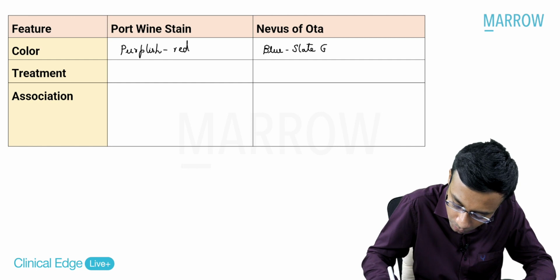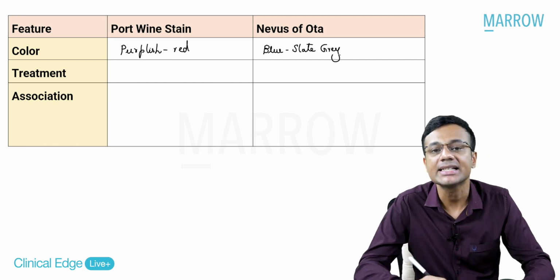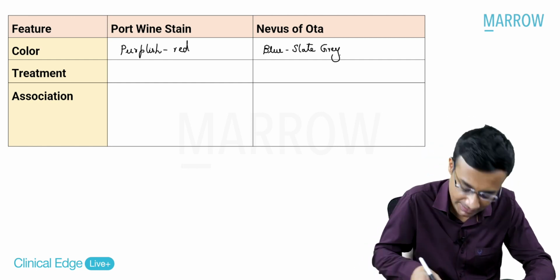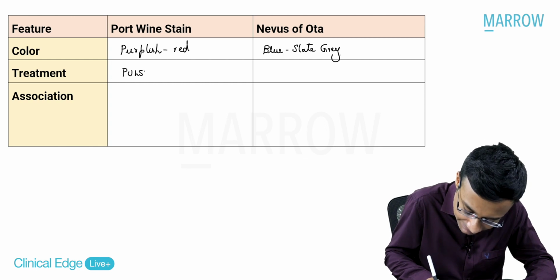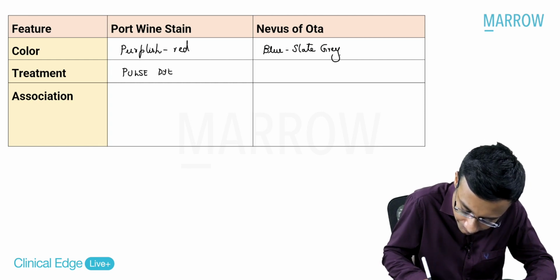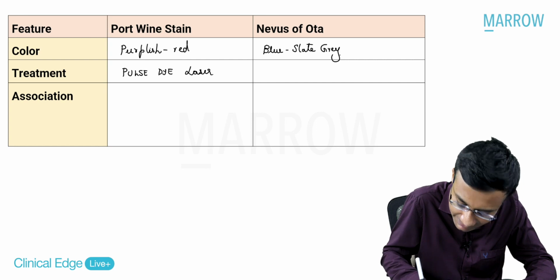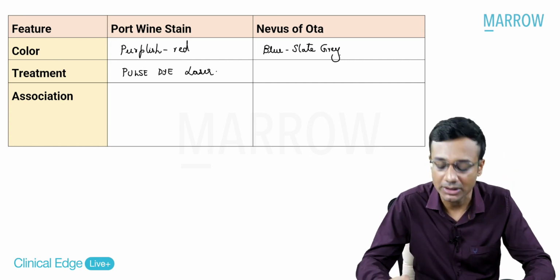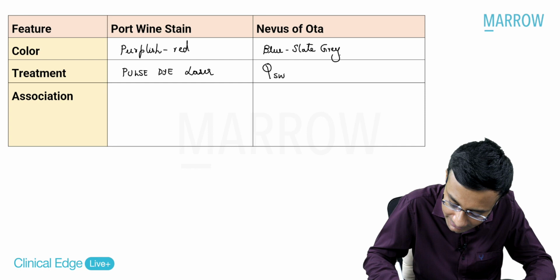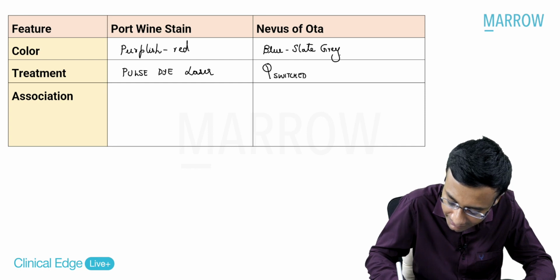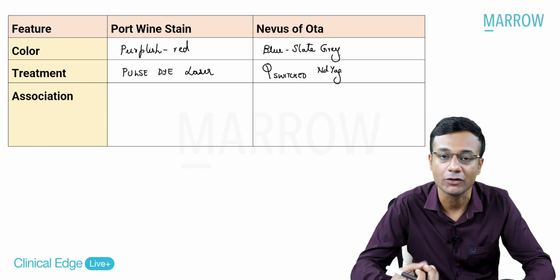Next is the treatment. The treatment of port wine stain is pulse dye laser. Whereas the treatment of nevus of Ota is Q switched Nd:YAG laser, which is mainly for pigment.